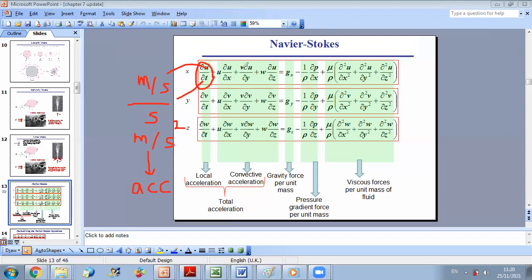For example, if you take now U del U by del X, what is the unit of this term? You have meter per second times meter per second over meter, because the unit of X is meter. So if you simplify meter and meter, you get meter per second square, as expected.